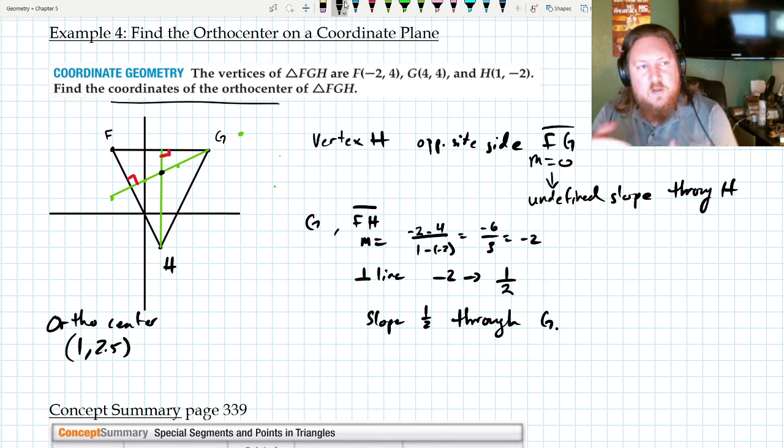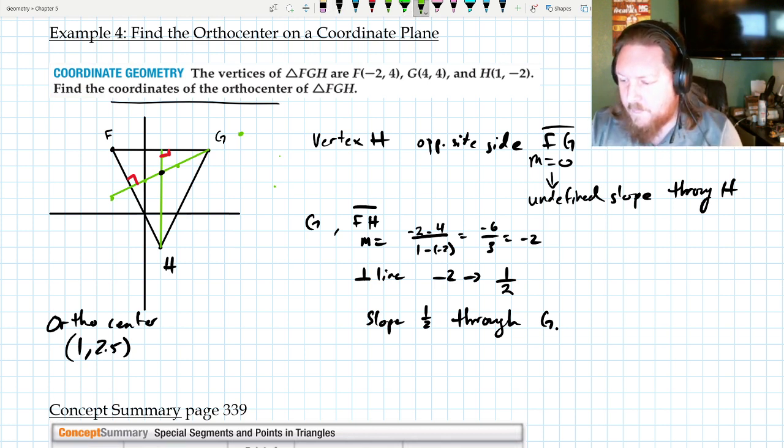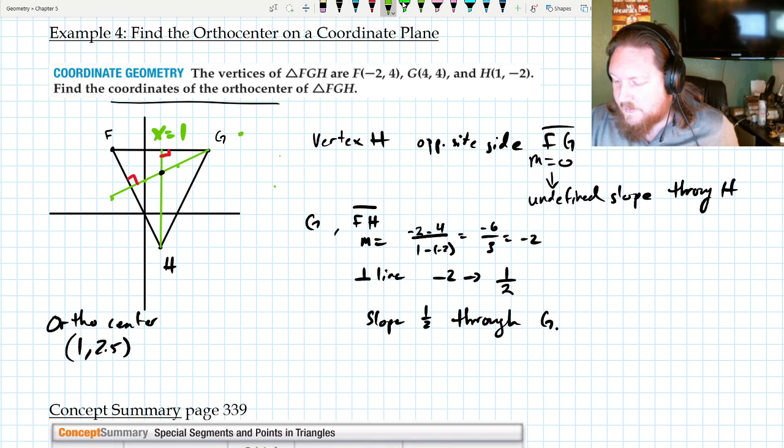But how do I know for sure? I have to solve the system of equations. Now, what's nice is I can find that pretty easily. For the vertical line, that equation is x equals 1. So there's one equation. For the other line, the altitude through G, it has a slope of 1/2, and it goes through the point G, so it's y minus 4 equals 1/2 times x minus 4.